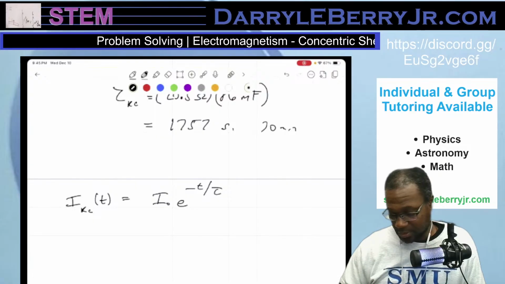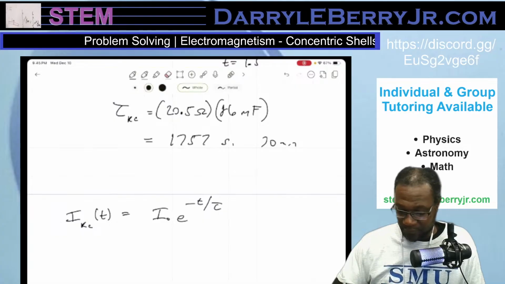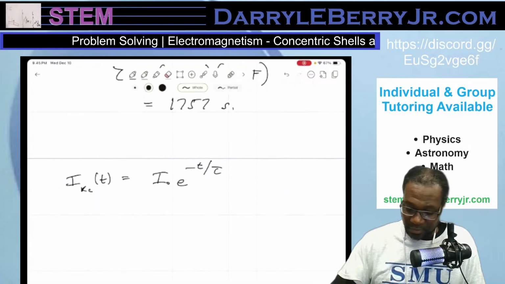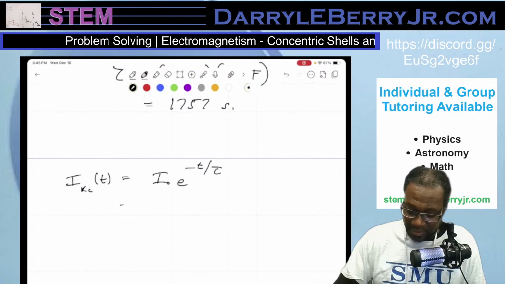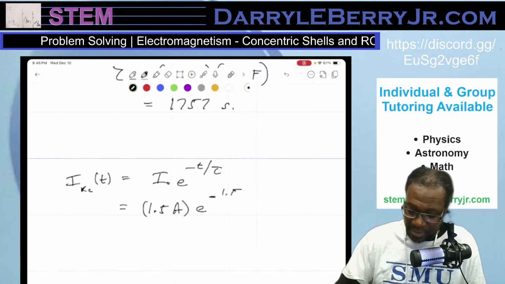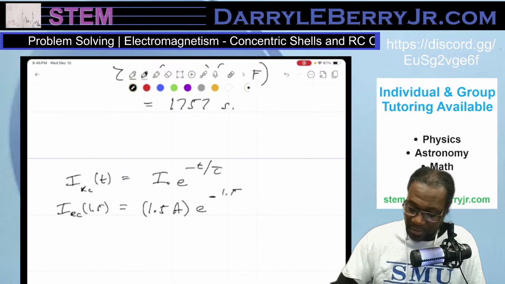Oh crap, that makes sense. I forgot, I wasn't remembering what the actual equation was. So when I plug this in, this is going to be 1.5 amps e to the negative 1.5, because I want I_RC at 1.5. Oh, okay, so that makes sense.